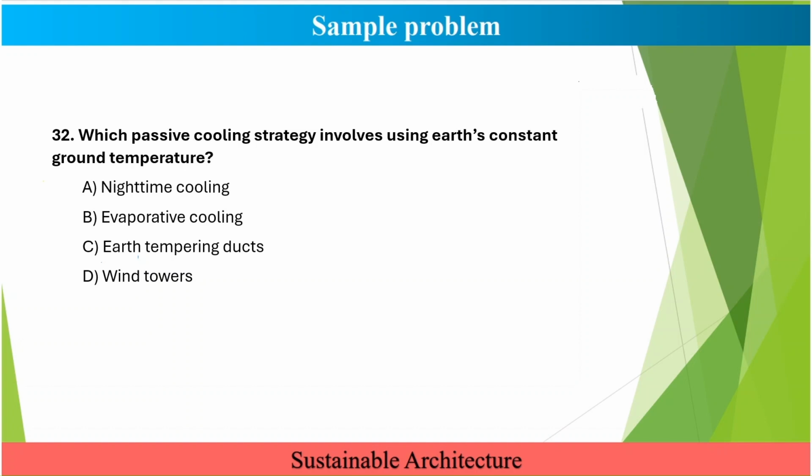So it is natural, or we are utilizing the earth material as an insulation material, you can say. Whenever the outside ambient temperature is hot or cold, let's take an example of hot. If the outside temperature is at a higher temperature, earth's material will be acting as an insulation material.